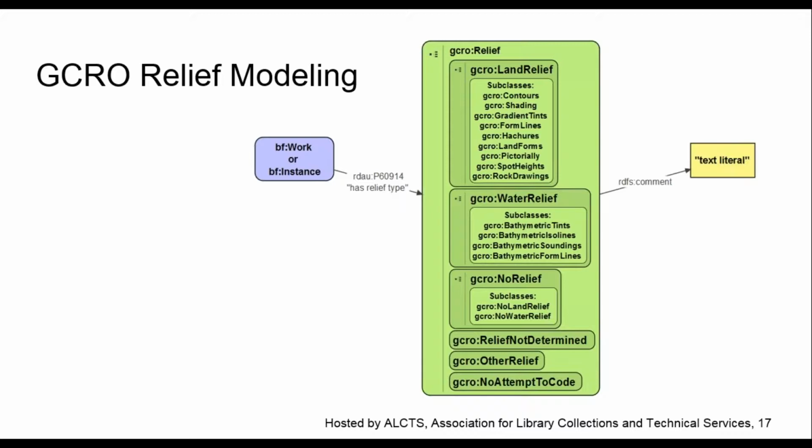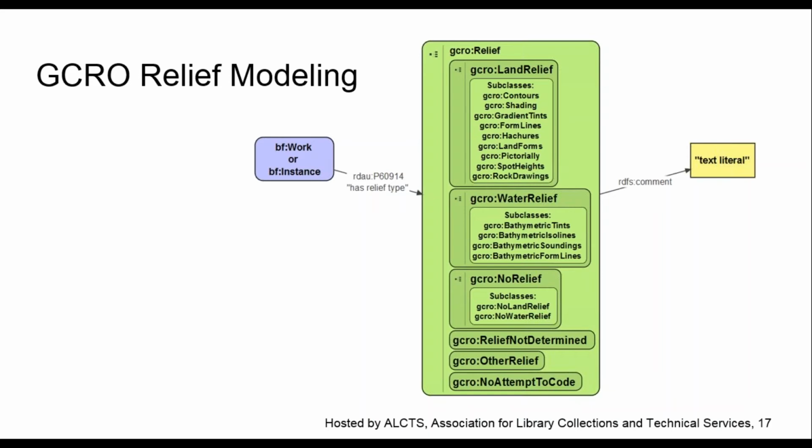So underneath the land relief, we have things like contours, form lines, hachures, etc. And this adds some new functionality to the model that is not currently available, the way that MARC is currently encoded. Right now there isn't a simple way to ask our catalogs, well, what maps do we have that show land relief of any type? This sort of modeling can answer that.